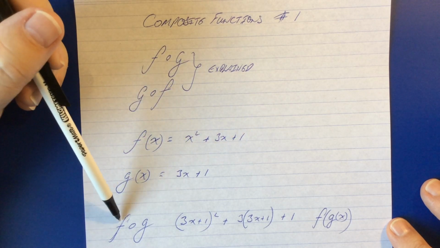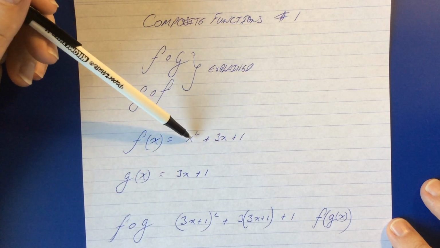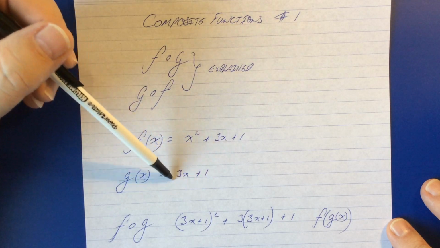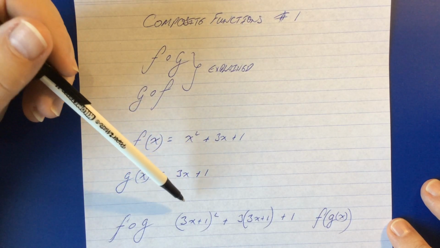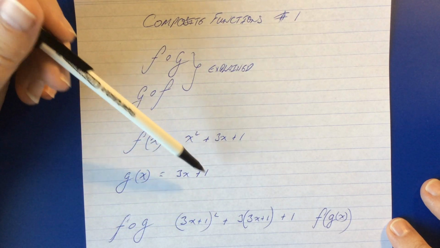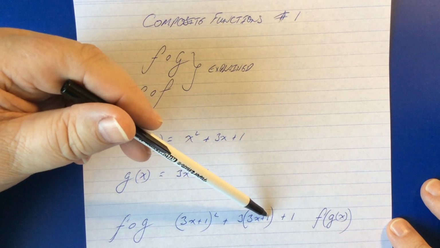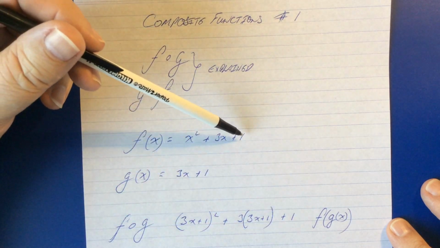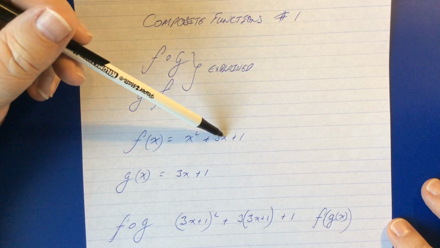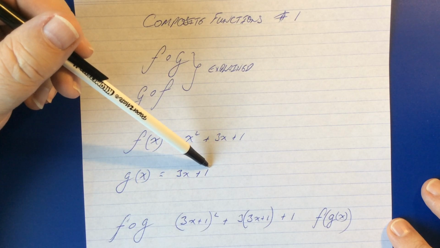So what we do with f of g is we take the function of x, and wherever there is an x, we place this. So we wind up with 3x plus 1 squared instead of x squared, plus 3 times 3x plus 1 plus 1. So the 1 stays the same. We're replacing x in this expression with this entire expression.